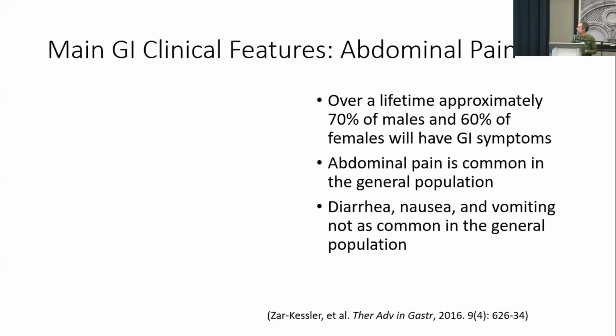GI is also common. 60 to 70% of people with Fabry disease will have some GI complaints. Now, GI complaints are common in the general population. About a quarter of the general population will have chronic abdominal pain or other GI complaints. Diarrhea, nausea, and vomiting, which are also very common in Fabry disease, are less common in the general population.